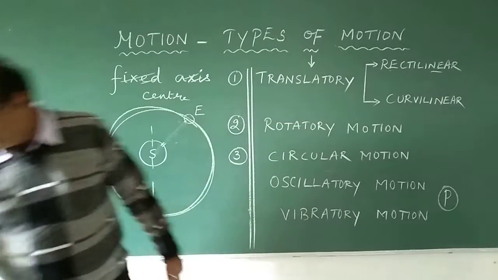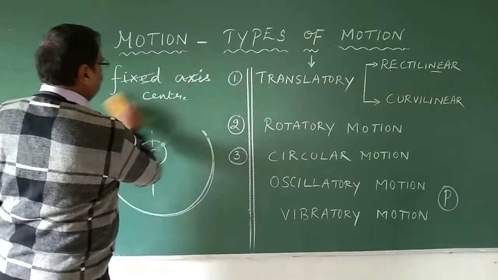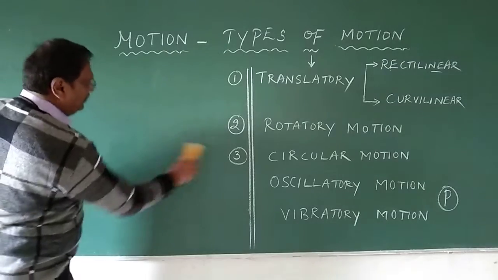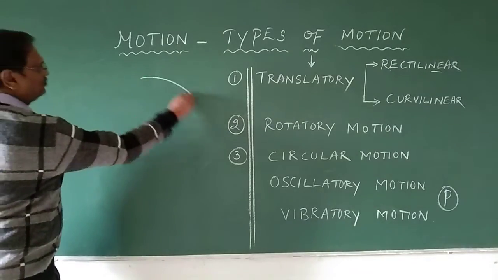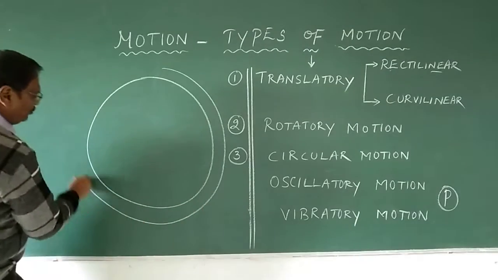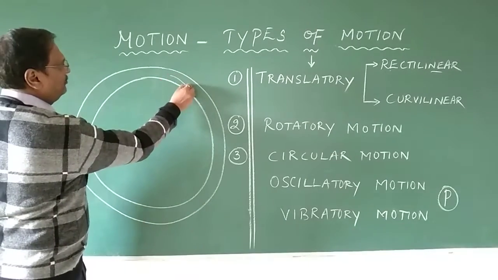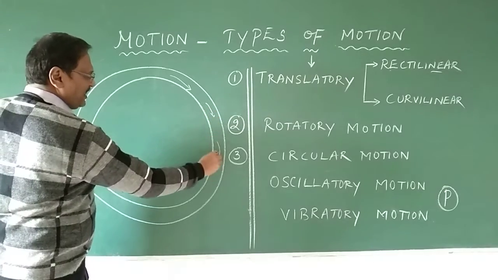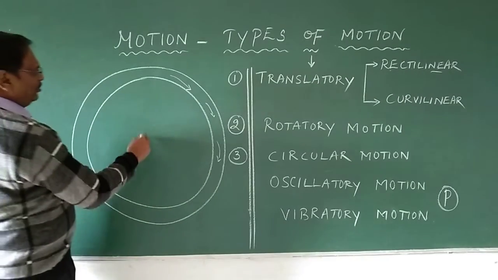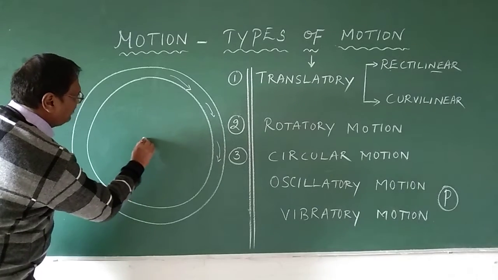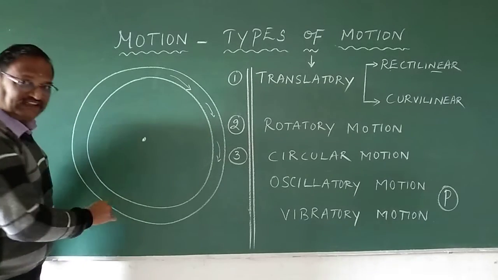You can also see this, for example, in our schools or in big Olympic games, where there will be a circular track. Track 1, track 2, track 3, like that so many tracks will be there, and people will be running on them. Here also nothing is fixed, but there is a center, and this is a circle.